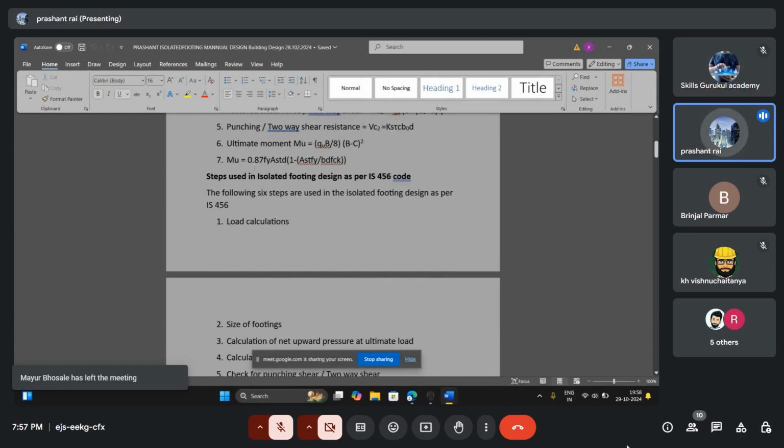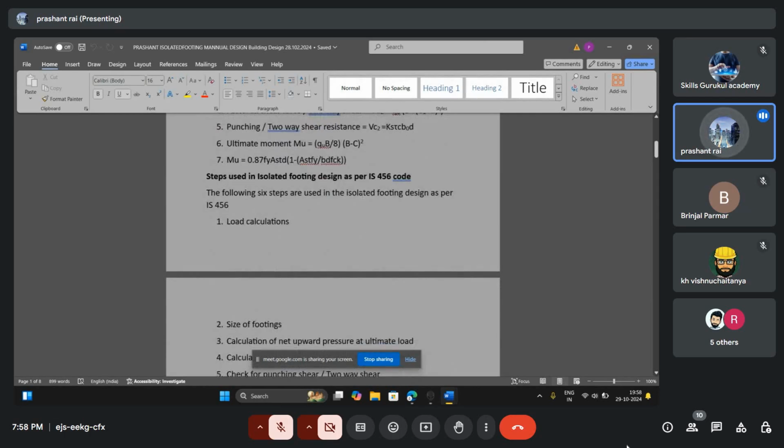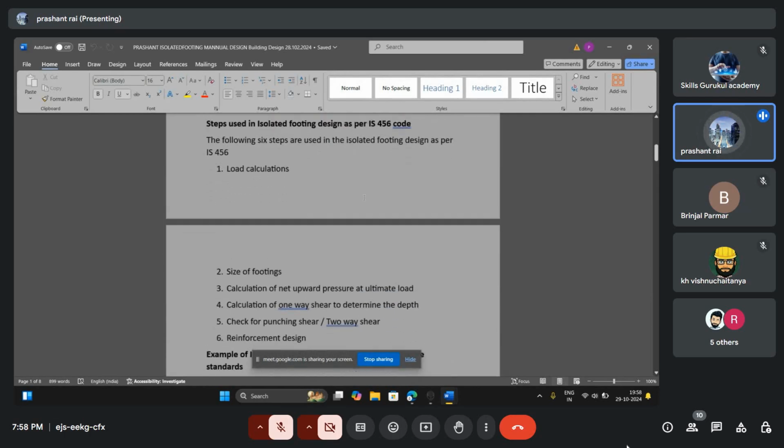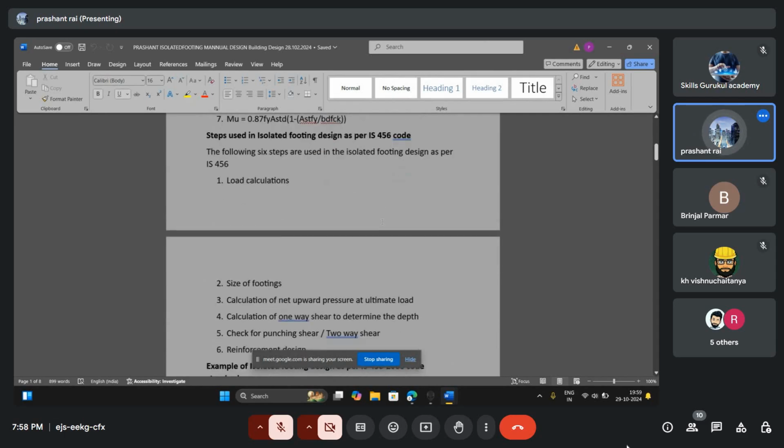Mu is equal to 0.87 Fy AST D times 1 minus AST Fy divided by B D FCK. Fy is the yield strength, AST is the area of steel, D is the depth, and FCK is the grade of the concrete. Later on we will see. So these are the 7 steps that are very important to calculate the isolated footing.